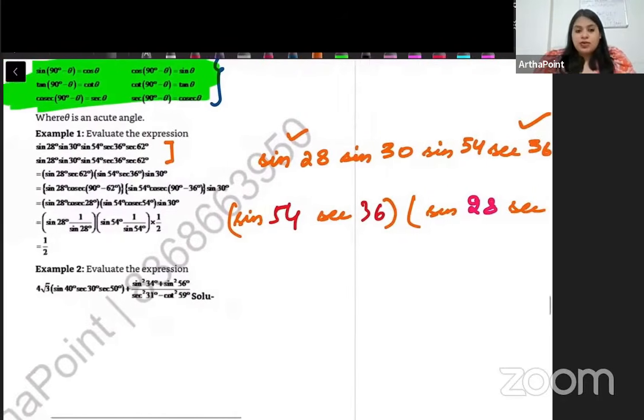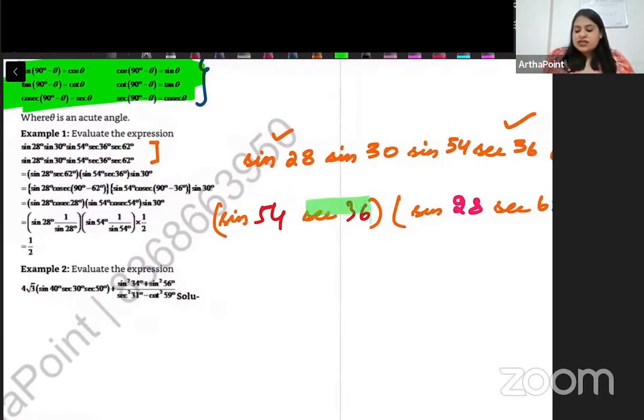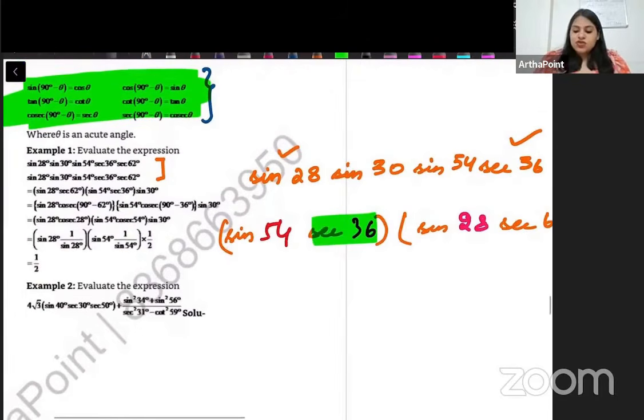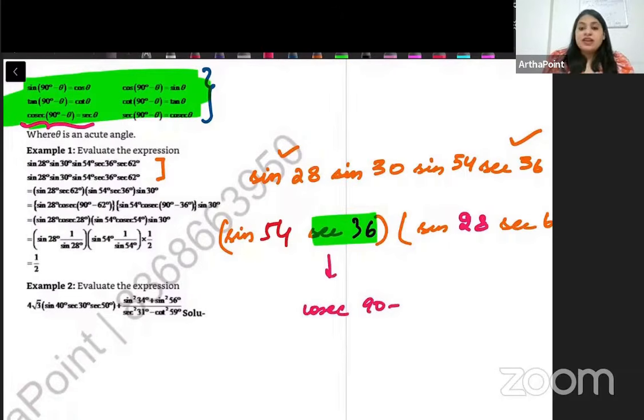Now beta, think about it. Sec 36 from this rule will be cosec 90 minus theta. So this will be cosec 90 minus theta. That means it will be cosec 54 into sine 54.